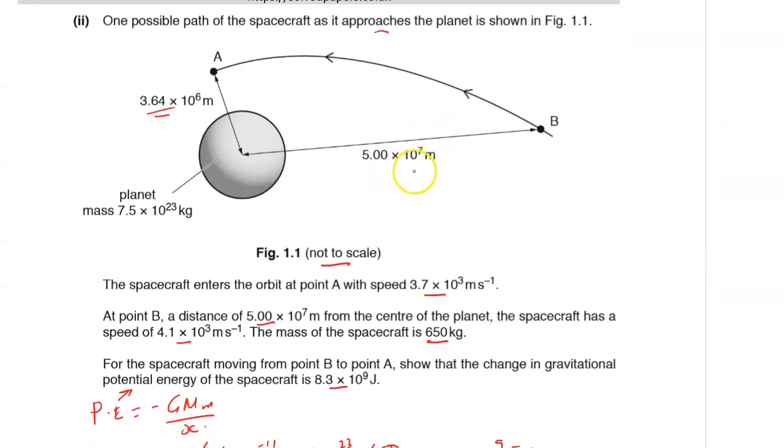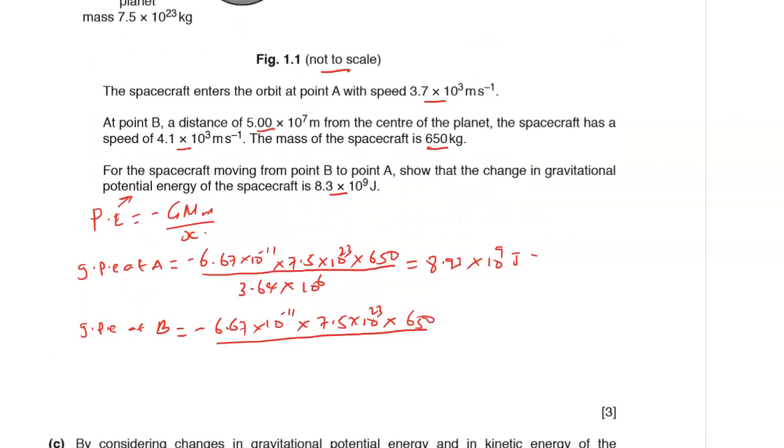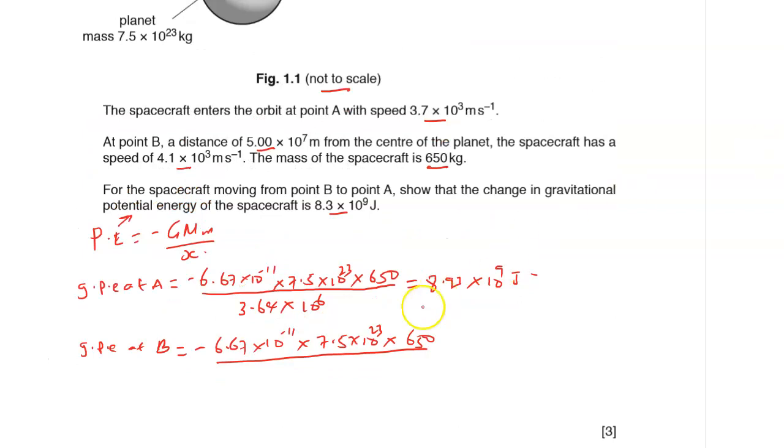It's 5 times 10 raised to power 7. That is the distance you use. When you evaluate correctly, you get 6.50 times 10 raised to power 8 joules.